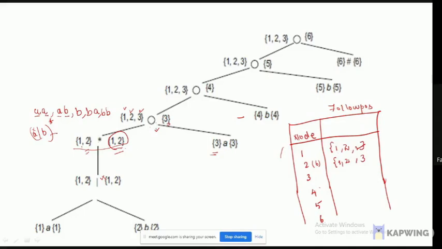Shall we check it? What is the node at this point? What is the expression at this point? (A or B) whole star in the right hand side. In the left hand side, what we are having here is A, right?